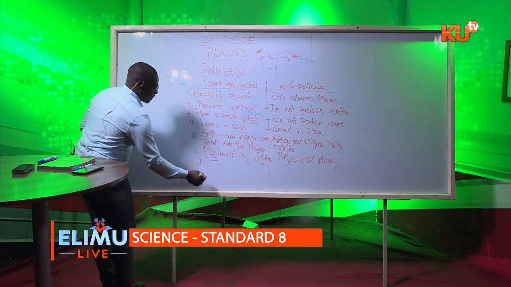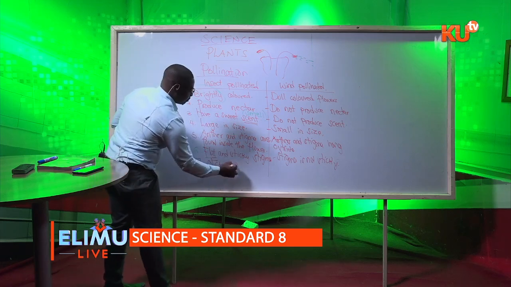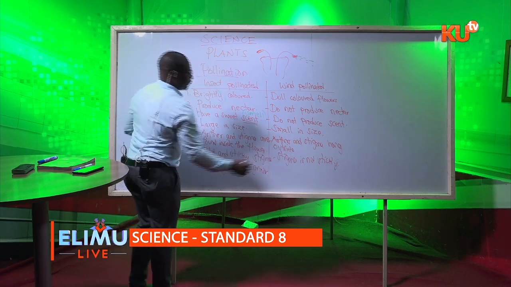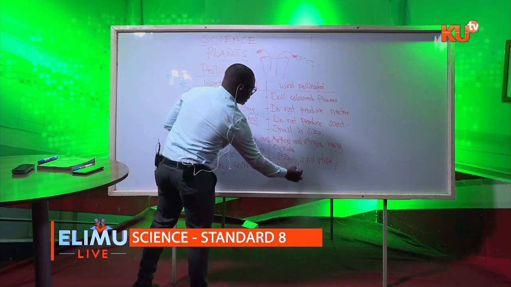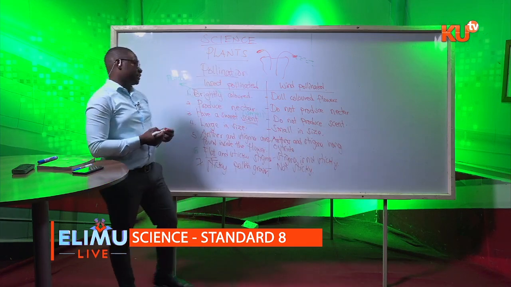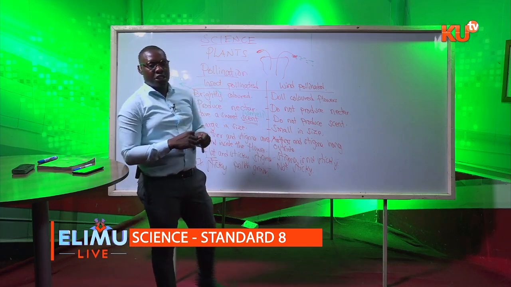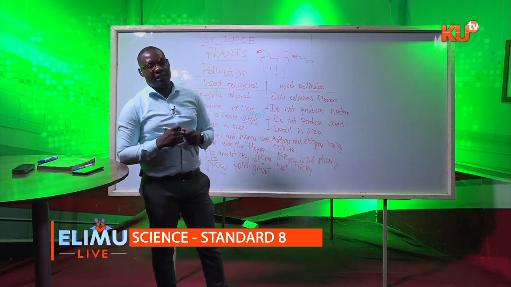Number seven, they have sticky pollen grains. For wind-pollinated flowers, the pollen grains are not sticky. Why are the pollen grains in insect-pollinated flowers sticky? They are sticky to be able to stick to the body of the insect.